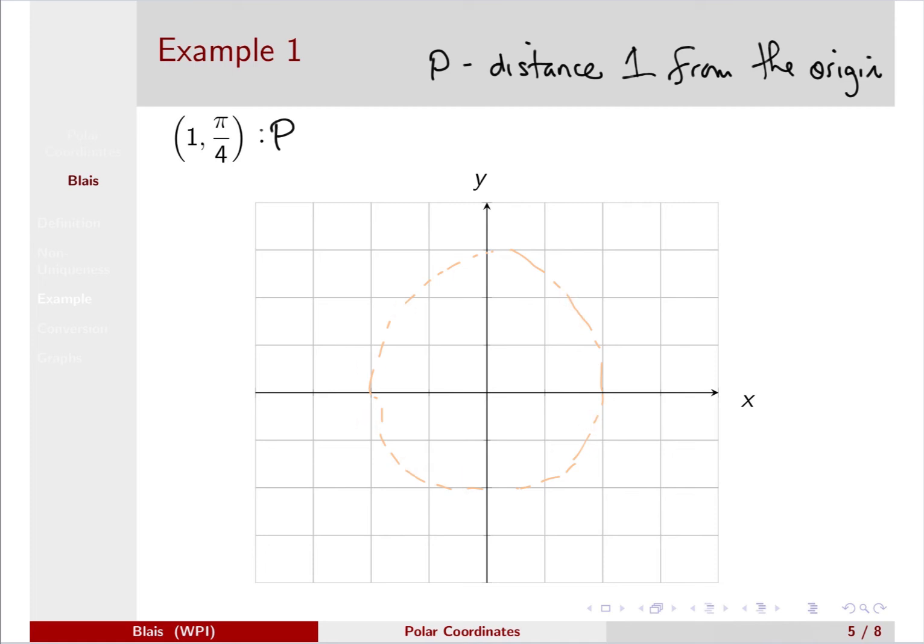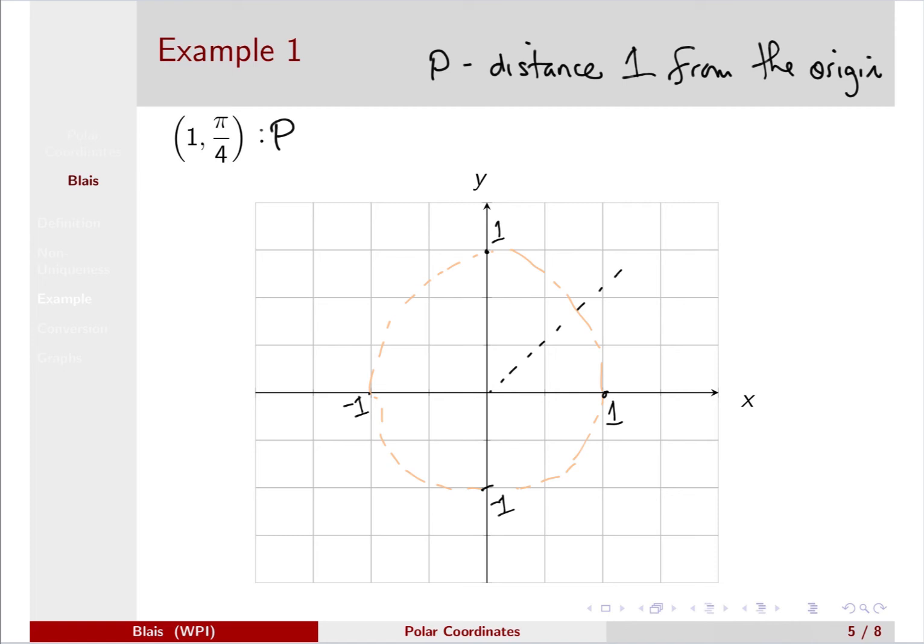So if that unit circle, we're saying it's 1 for its radius, and pi over 4, that's the angle of 45 degrees.